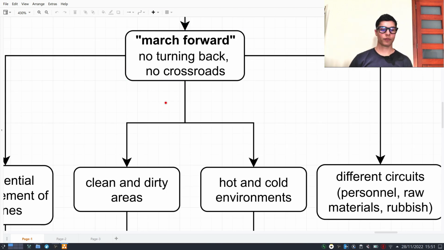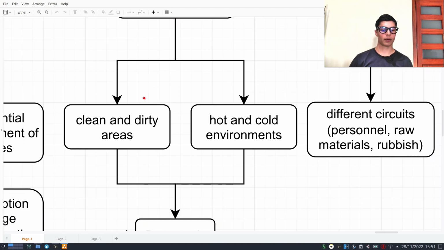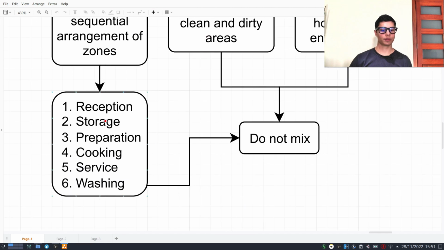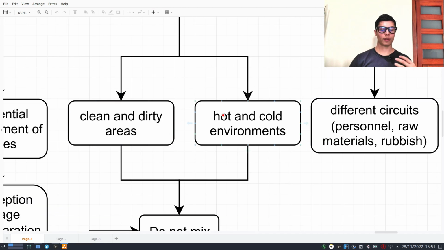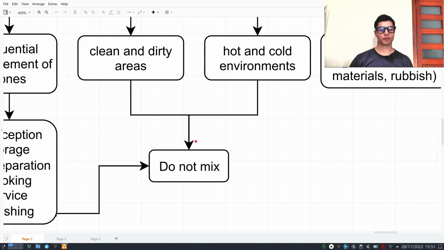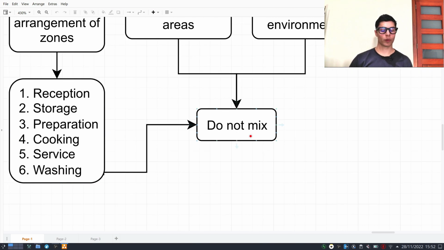As this is march forward, we have to do things properly. To do this, we have to differentiate between a clean and a dirty area, as we do in many of these zones here, and between hot and cold environments. And we cannot mix these things. Even in the washing one, we cannot mix.